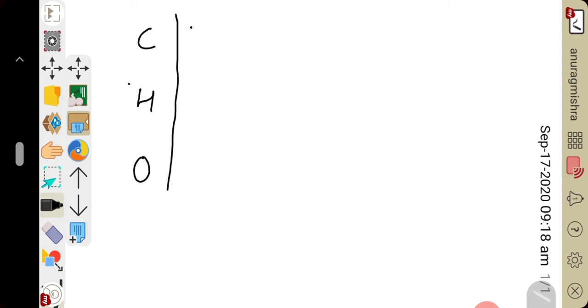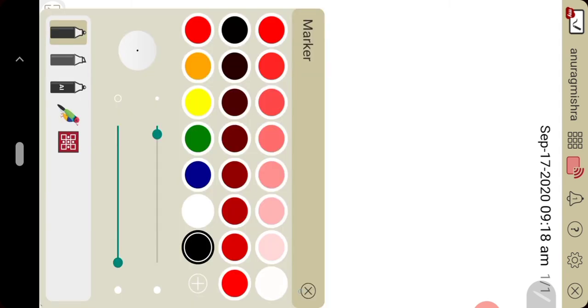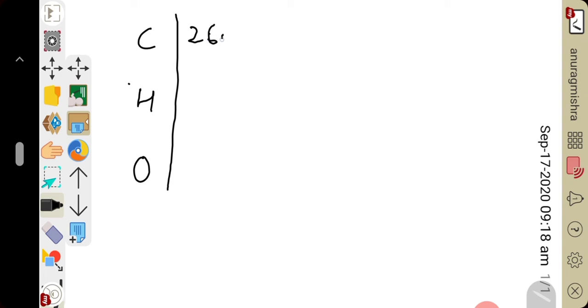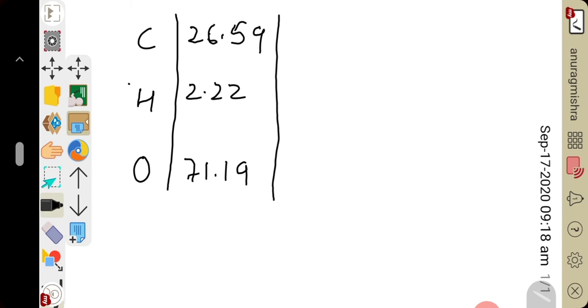Percentage composition of carbon is 26.59%, hydrogen is 2.22%, oxygen is 71.19%. Write down the atomic masses: carbon 12, hydrogen 1, and oxygen 16. Clear? Then the next step is to find the atomic ratio, AR.